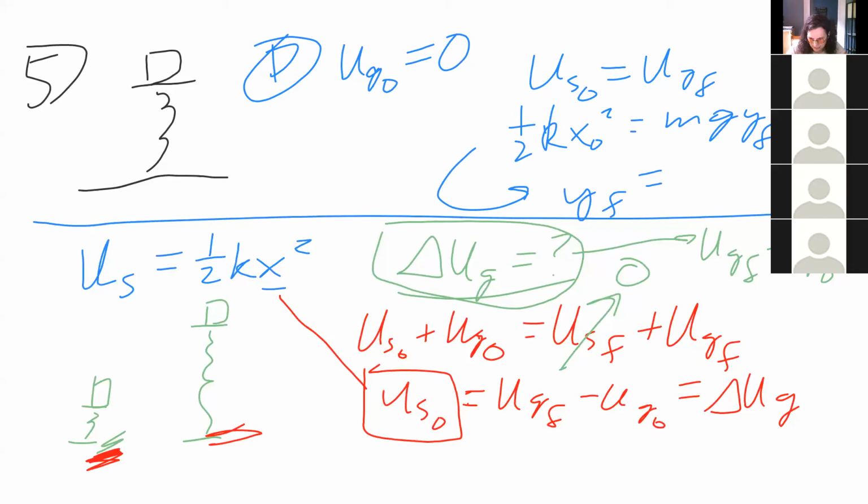That height would be k x naught squared over 2mg. That's an m there, 2mg. And that's how you find the height. So all of your energy from the spring has been turned into gravitational potential energy there.